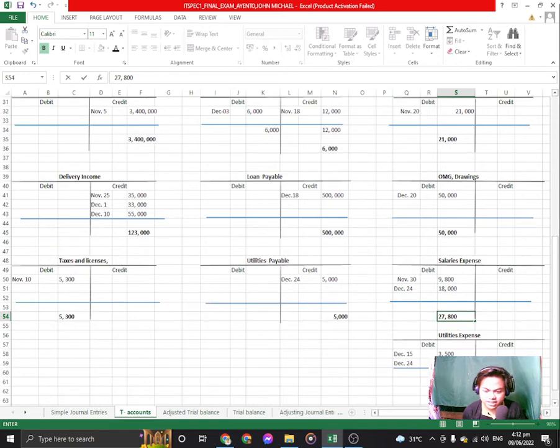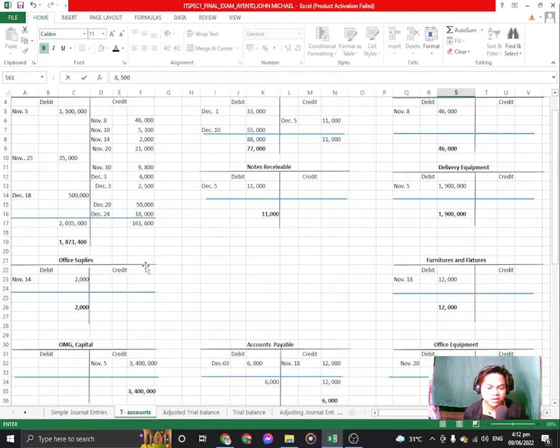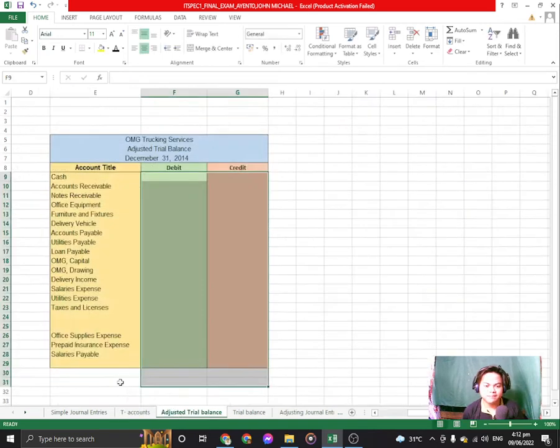And then for the utilities, we have 8,500. Okay. Na-note na nato ha para magbuhat buta sa to ang adjusted trial balance. Okay. So, nag-create na pod ko og table para madali ta.